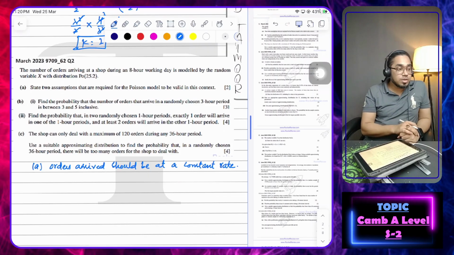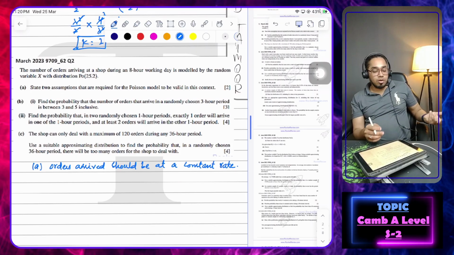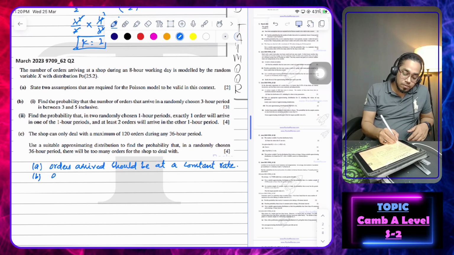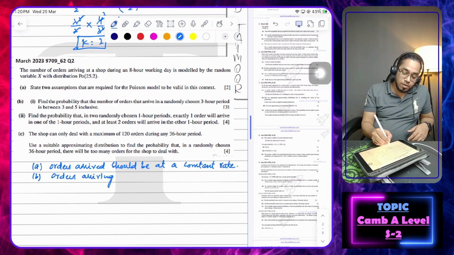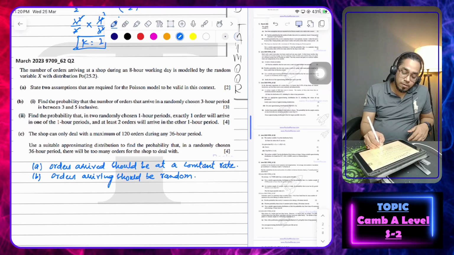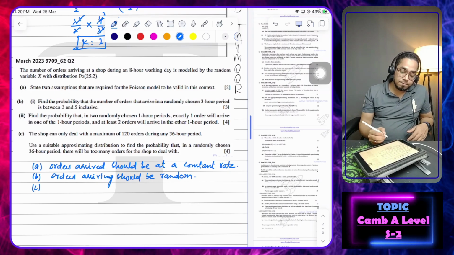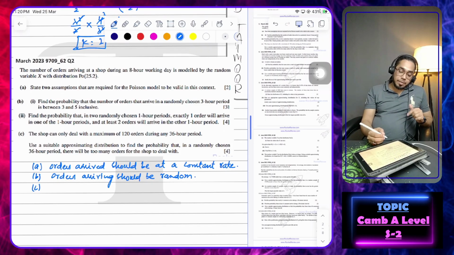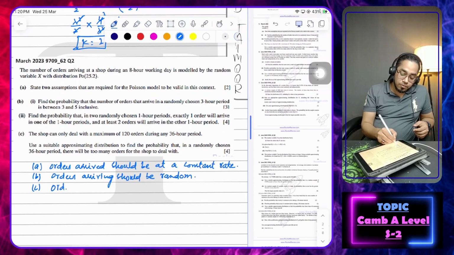The second assumption is that orders arriving are random, and orders arrive independently.